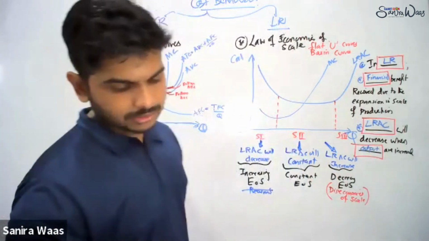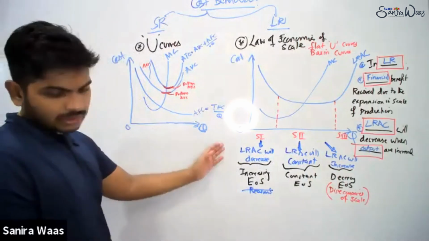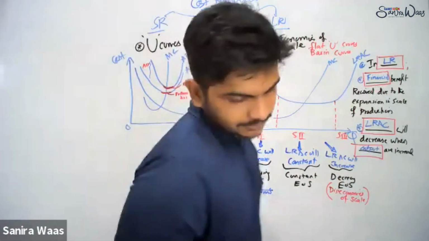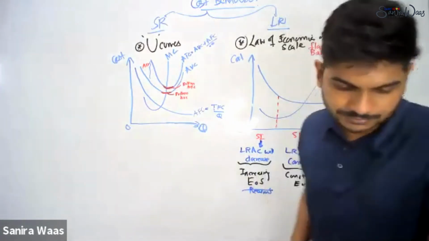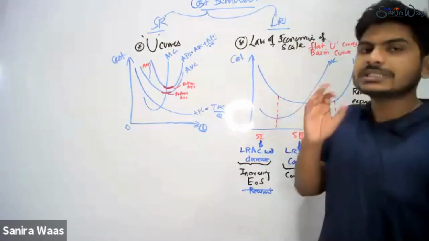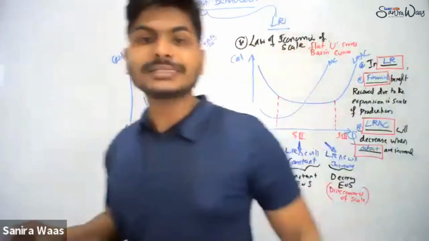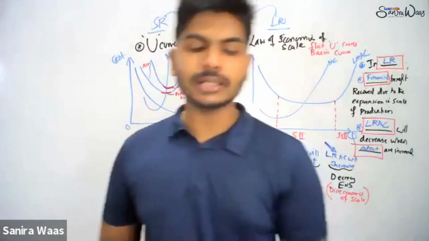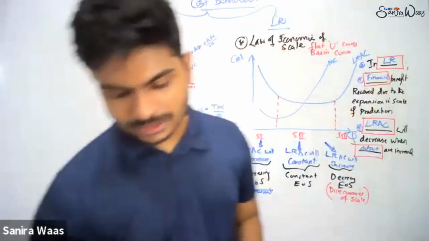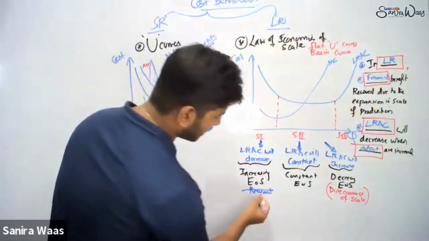Exam එකේ ඔන්න අහනවා. What are the reasons for increasing economies of scale? What you can write for this? The first main important thing you need to write. We have two main reasons.